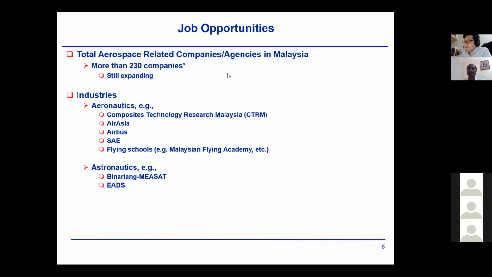Upon graduation, you can automatically register as a graduate engineer with the Board of Engineers Malaysia. That is automatic, no exam needed. As long as you pass our exams in UPM, that's fine. But to be a professional engineer, obviously you need the experience, plus there are an interview and examination, and also a presentation now.